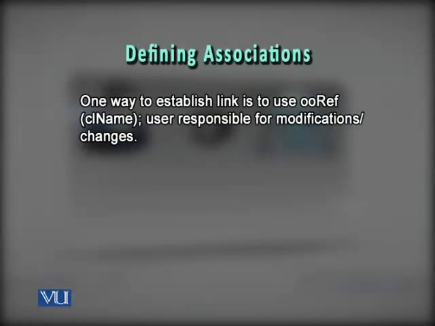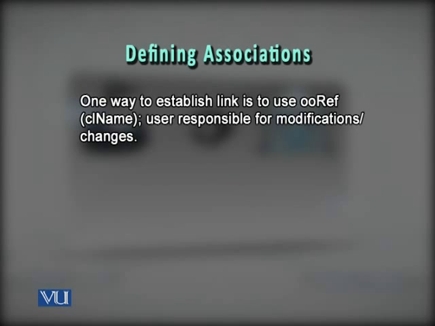One way of establishing this link is to use ooRef and then the class name. What happens then is that this establishes a link between two classes. But in this case, you are basically declaring an attribute of reference type. Again, as you can see from your slide, here you are using the ooRef, but you are defining an attribute. You are not declaring an association.